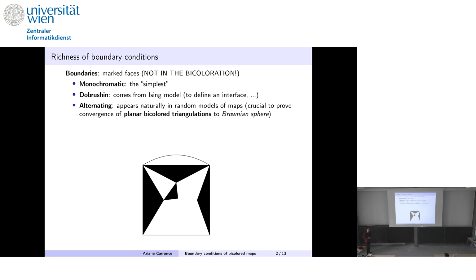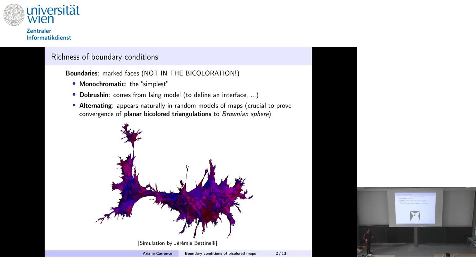So this is a condition that appears naturally in some random models of bicolored maps, and in particular, going back to the example of bicolor triangulation that I mentioned earlier, it was crucial to get enumeration results about this specific boundary condition to prove that bicolor triangulations converge to the so-called Brownian sphere that I'm not going to talk about in detail in this talk, but here is just a very beautiful simulation of this by Jérémie Bouttier.